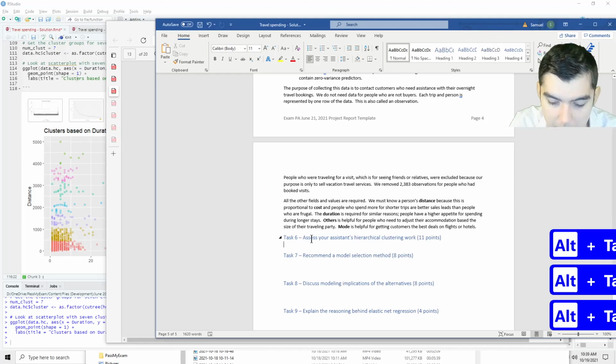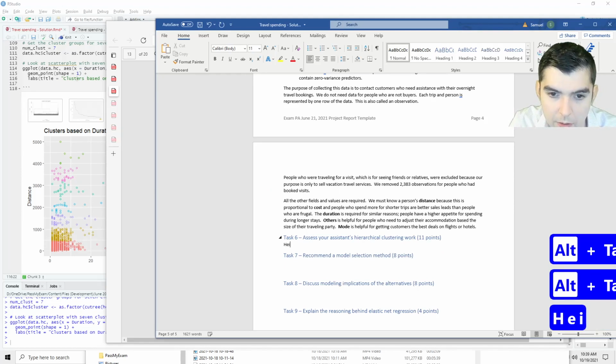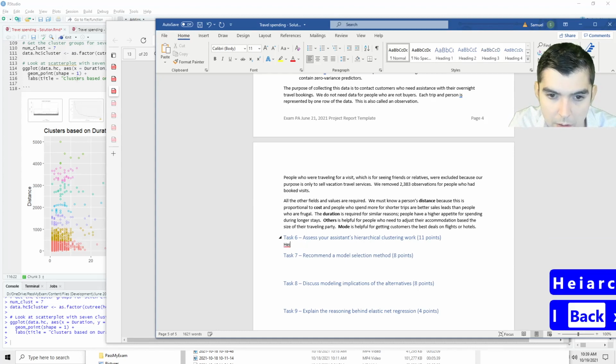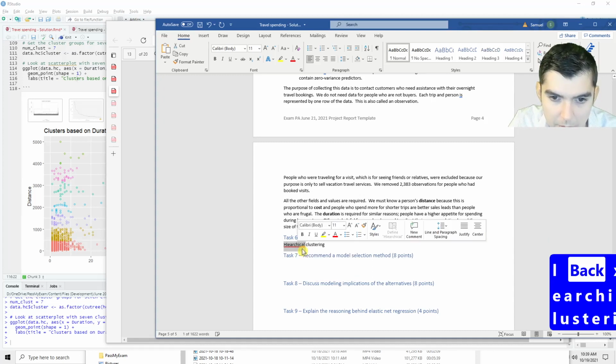So hierarchical clustering. Clustering, that's always a hard word to spell.